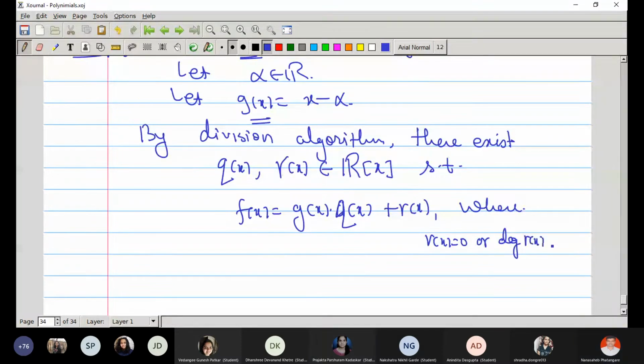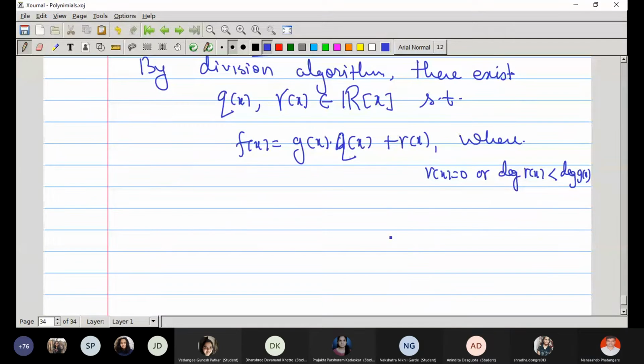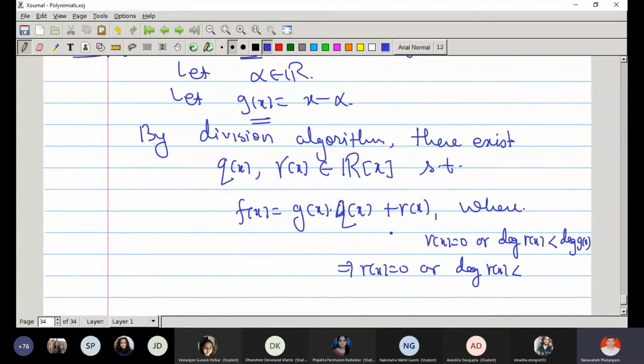But what is degree of g(x)? It is 1, and therefore degree of r(x) is less than 1. What is the choice for degree of r(x) if it is less than 1?